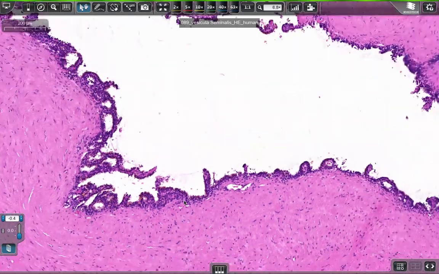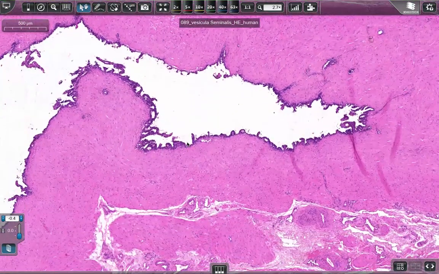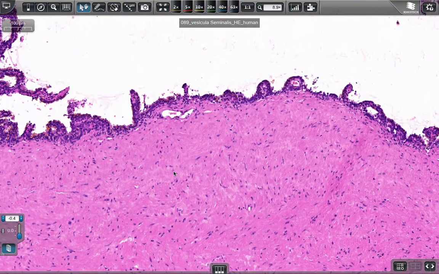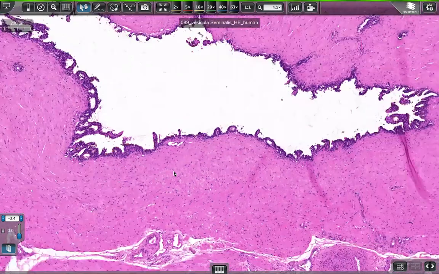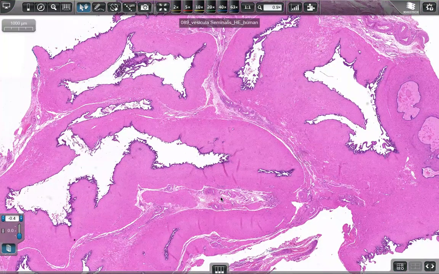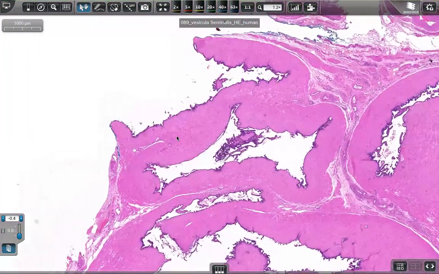And again, I just zoom out and look at that. There is something weird. There's no muscularis mucosae and no submucosa. Just immediately underneath the propria, we have the muscularis externa. In the muscularis externa, we have inner circular and outer longitudinal layers, but I'm trying to find a nice view.